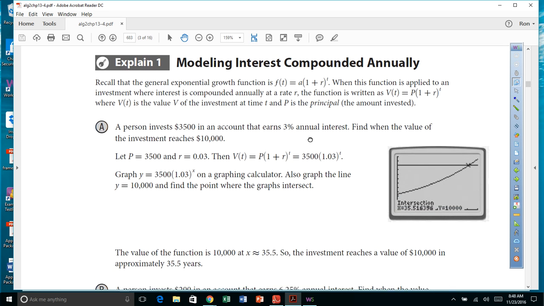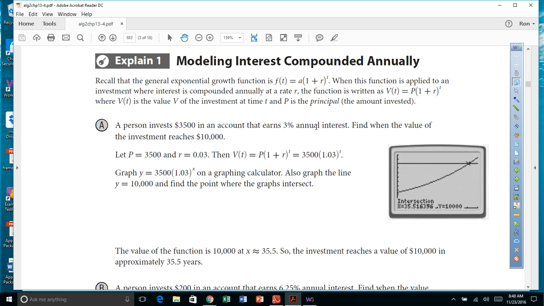Modeling interest compounded annually. Recall that the general exponential growth function f of t equals a times 1 plus r to the t power.